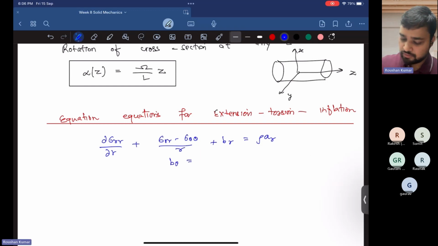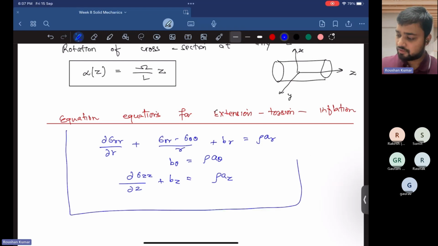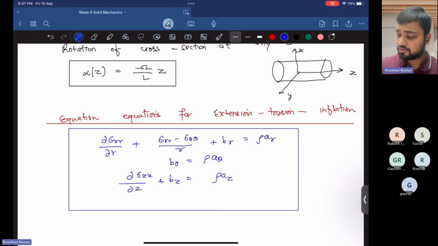Similarly, b theta equal to rho a theta, and the third one is del sigma zz upon del z plus bz equal to rho az, where az is the component of acceleration along the z direction, a theta is the component of acceleration along the theta direction, and b theta and bz are the body forces in the theta and z directions. So this is the complete governing equation for the case of extension, torsion and inflation.